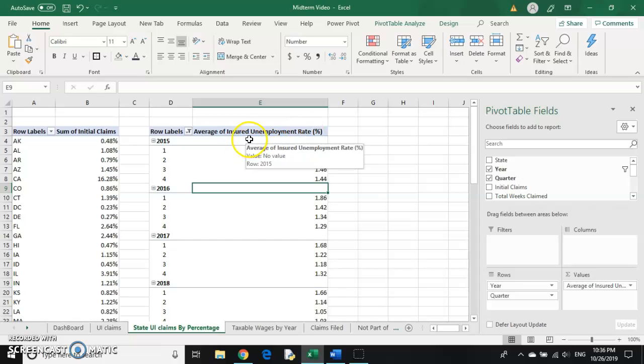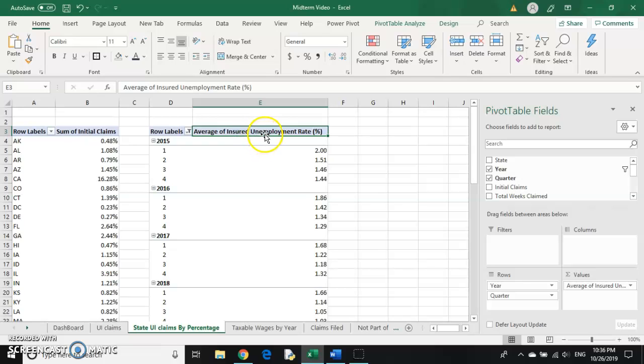That is the rate that shows what percentage of unemployed people are actually insured by the benefits they are receiving.